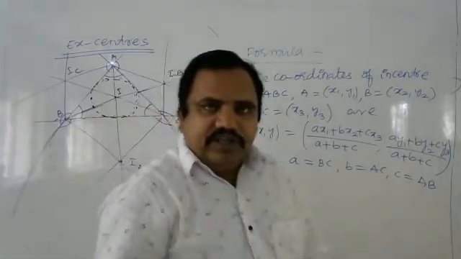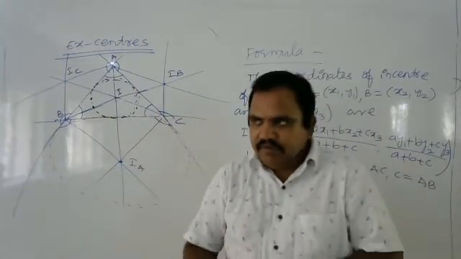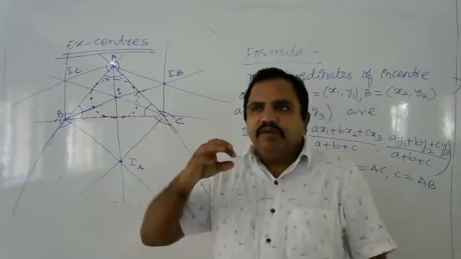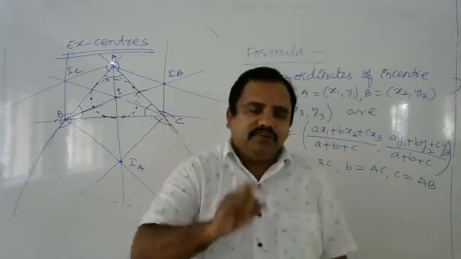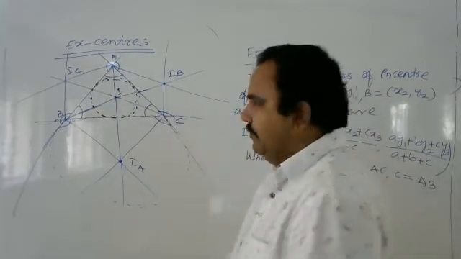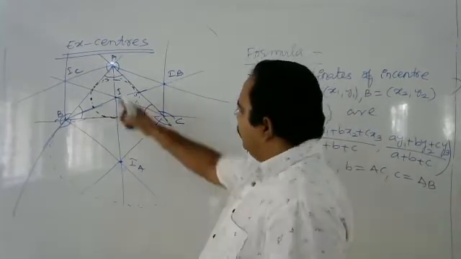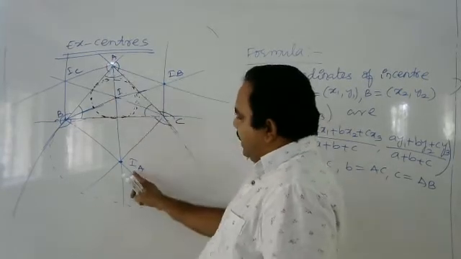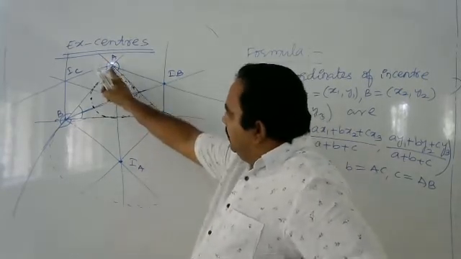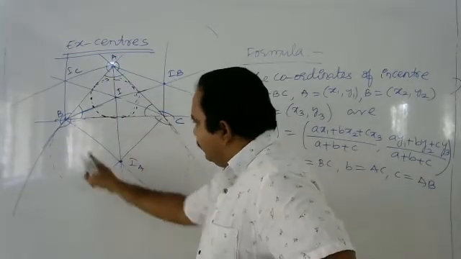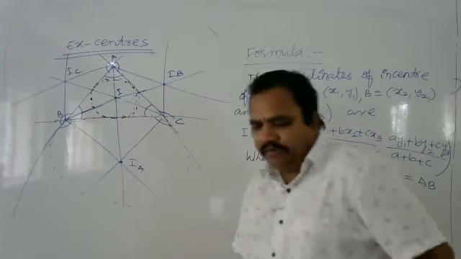So incenter is nothing but the point of intersection of any two internal bisectors of angles. Excenter is nothing but the point of intersection of one internal bisector and two external bisectors. So for example, IA is the intersection of the internal bisector of angle A, and these two are the external bisectors of angles B and C respectively.